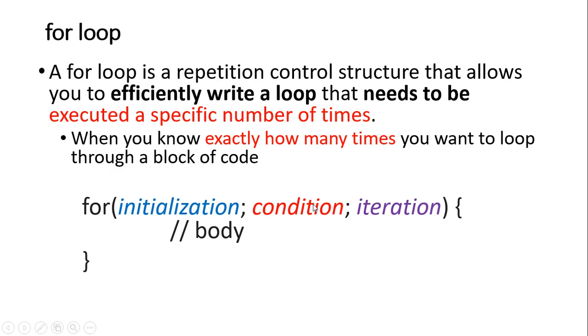Now let's look at one other type of iterating statement, and that is the for loop. So the for loop is again a repetitive construct that you can use to execute a set of statements repeatedly again and again.